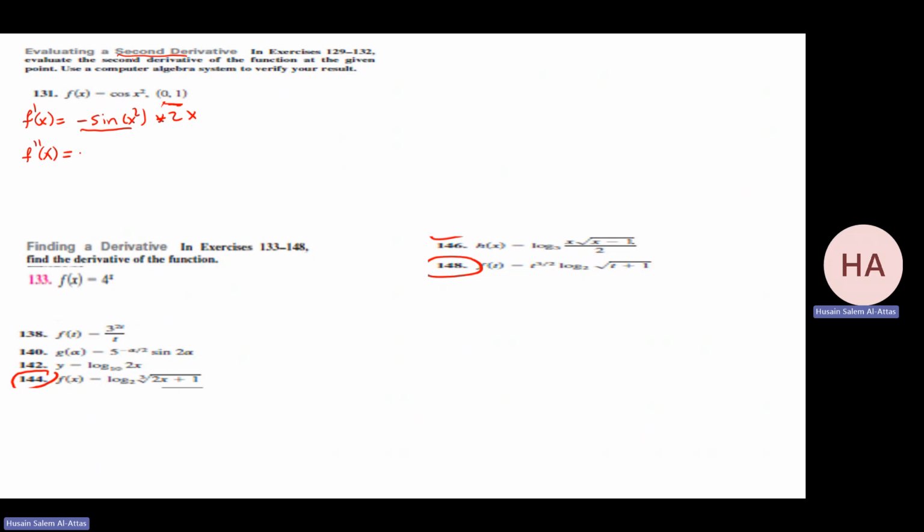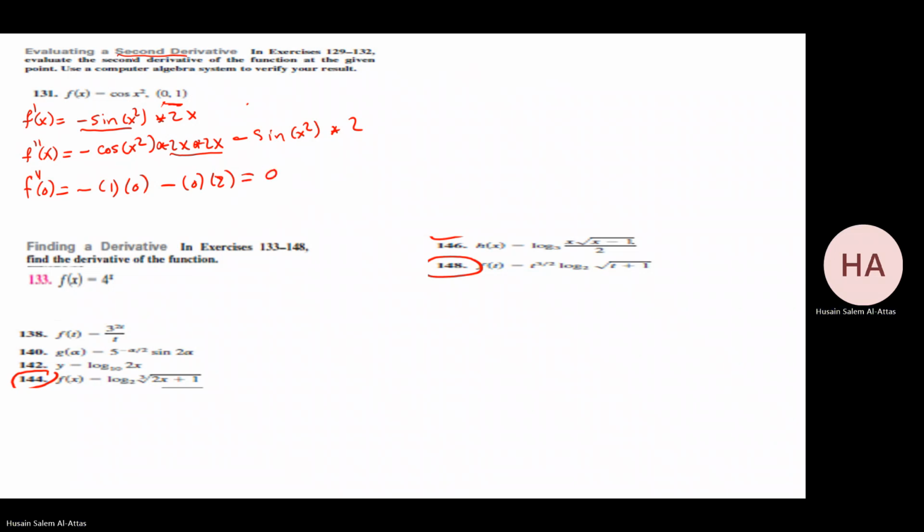Derivative of this, which is minus cosine x squared times 2x times 2x, plus or minus sine x squared times 2. At 0, f double prime at 0 will be minus 1 times 0, and this is minus 0 times 2. And the result is 0.